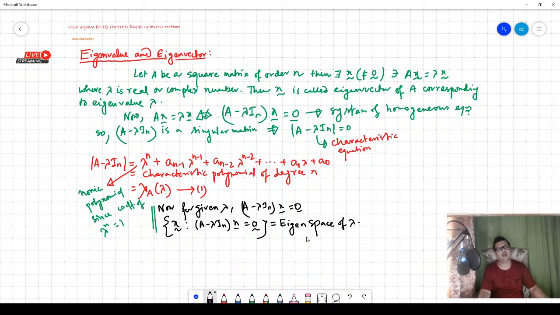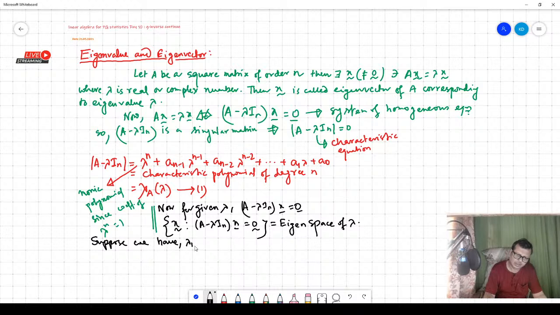So this is called eigenspace of lambda. And suppose we have lambda 1, lambda 2, ..., lambda t eigenvalues.